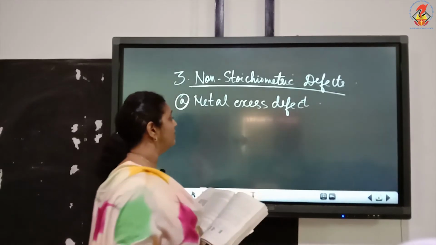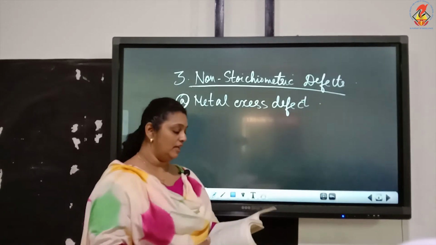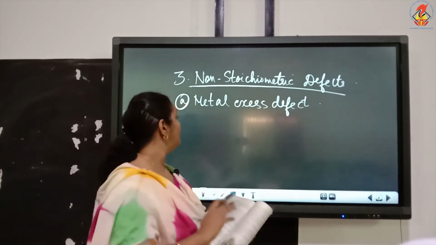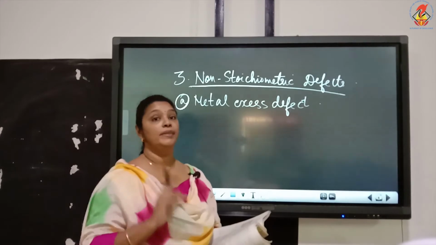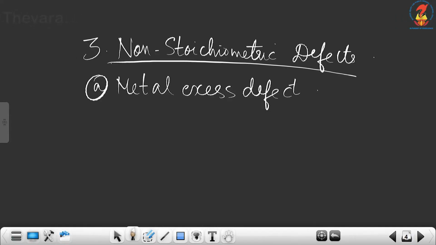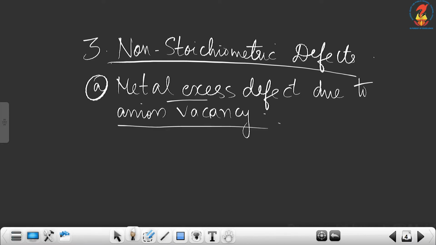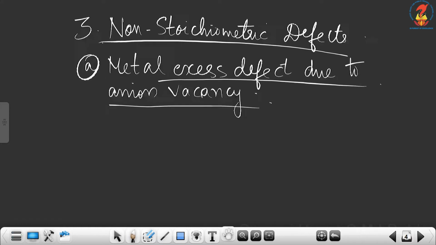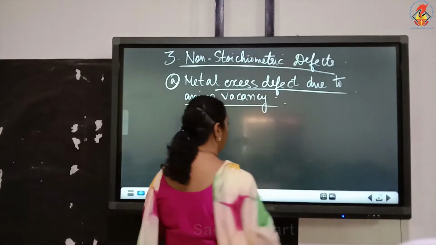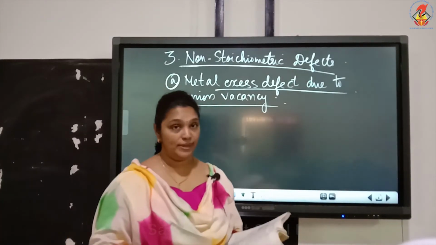Now, again this metal excess defect can be classified into 2. One is metal excess defect due to anion vacancy. So, first we are going to see metal excess defect due to anion vacancy. Now, this defect is very, very important. Here we have a question.